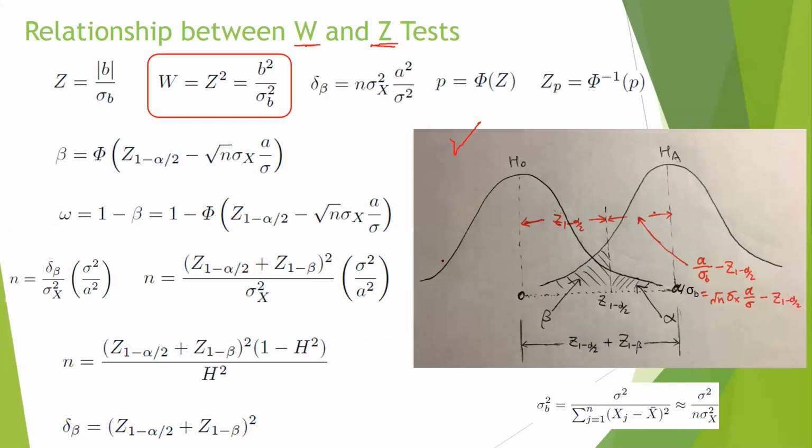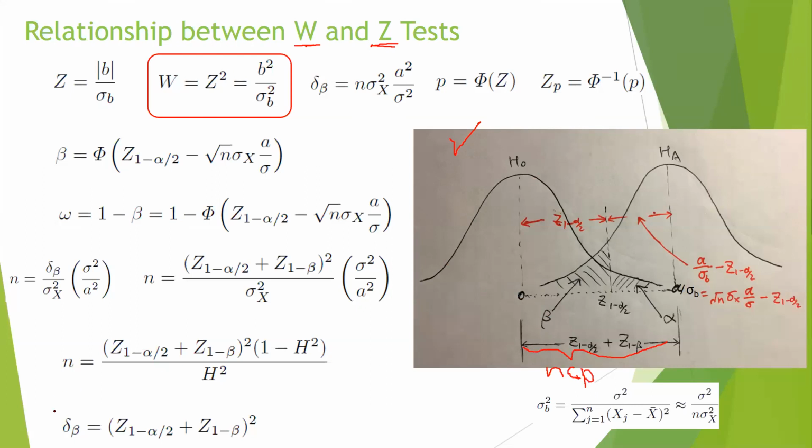This graph shows the relationship between the normal distribution and the chi-square distribution, and how we can use the normal distribution to calculate this thing. This is the non-centrality parameter, right?